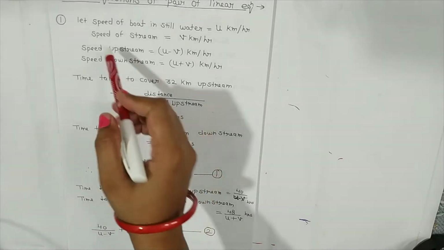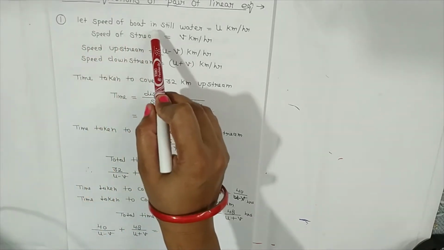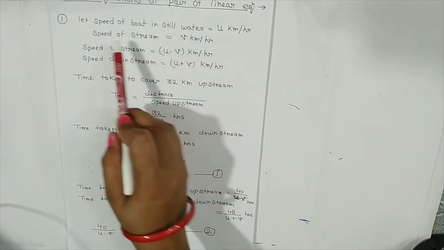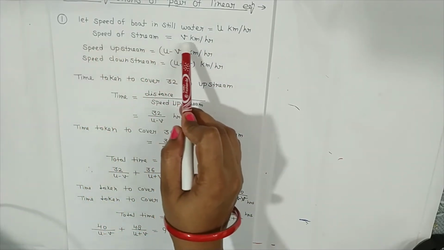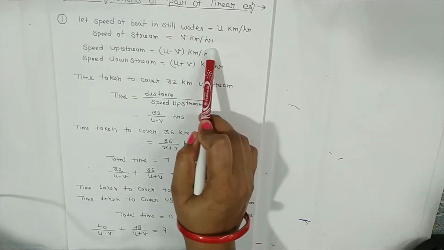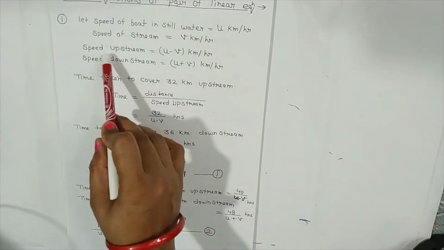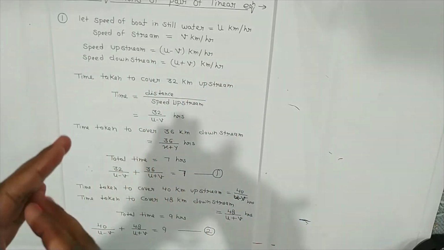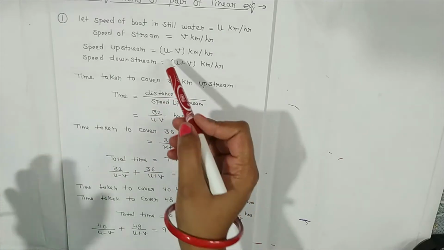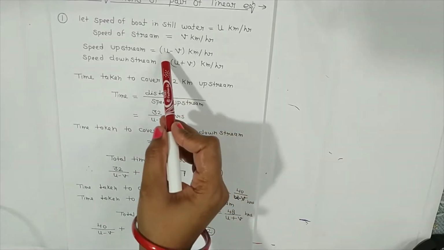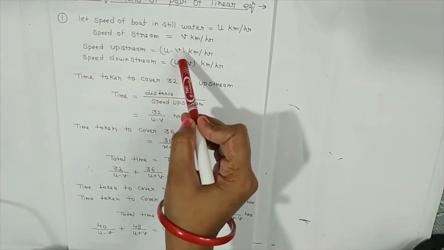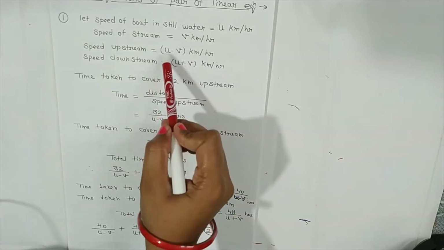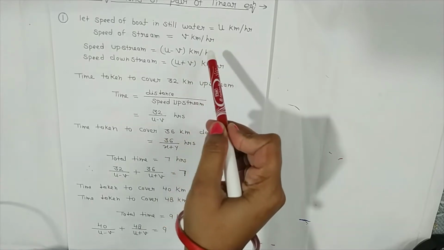First, let the speed of the boat in still water be u kilometer per hour. Then the speed of the stream is v kilometer per hour. Now, speed upstream means the stream opposes the boat, so we have to find the difference, u minus v kilometer per hour.